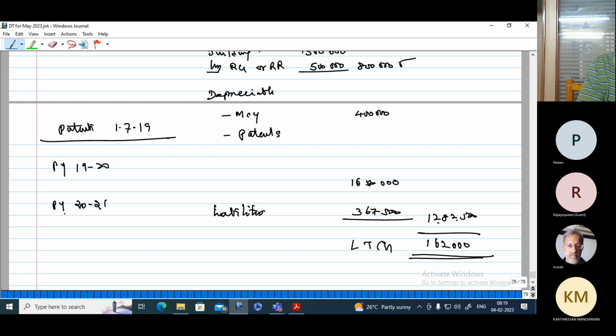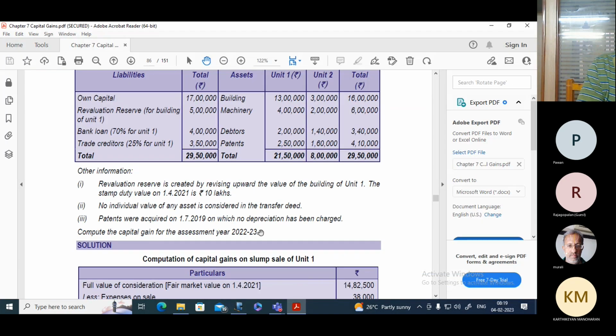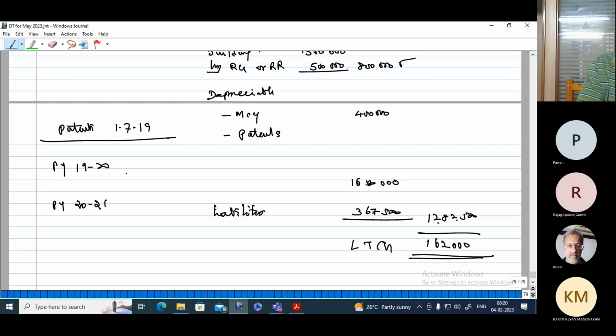What is the rate of depreciation? 25%. You did not charge depreciation as per books, but as per the Income Tax Act, depreciable means you have to charge depreciation. I went wrong. So on 2,50,000 I have to charge full depreciation. How much is that? 25% on 2,50,000 is 62,500. Correct?